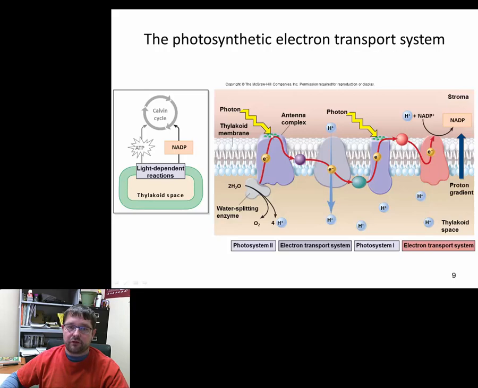Now, that electron is going to be donated to the reaction center from that splitting of water. Photon comes in, excites it, the electron moves through the protein and is donated back to the P700 site. That movement adds more protons in the thylakoid space.